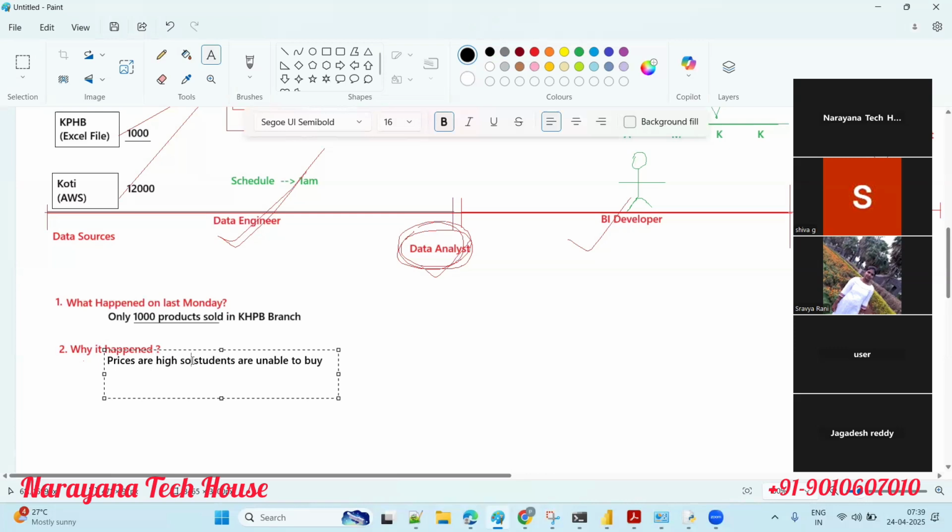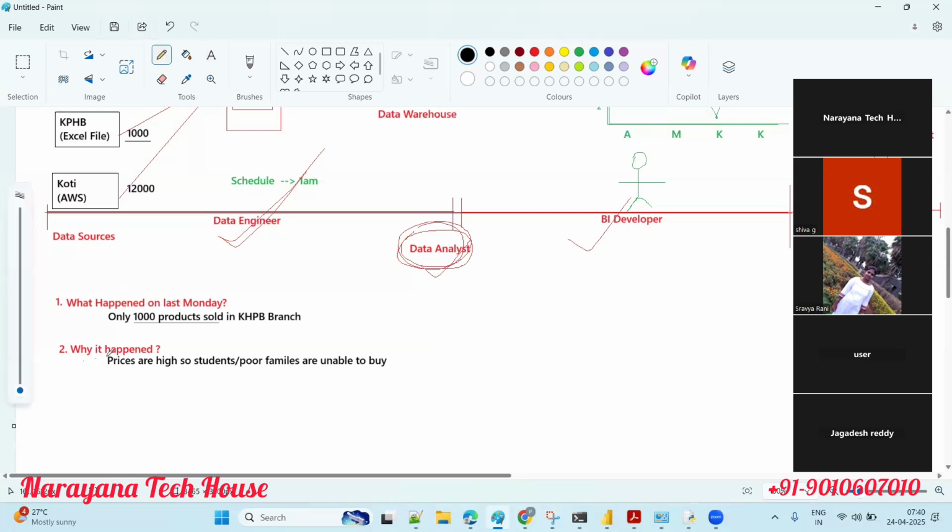So students are unable to buy. That's why fewer sales happened, guys. Students are bachelors, and poor families and so on are unable to buy. That is the reason.